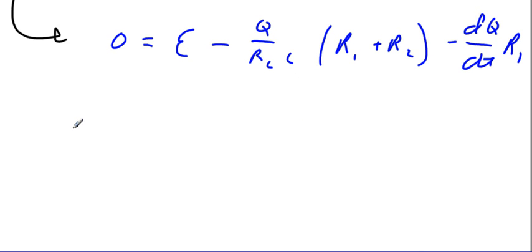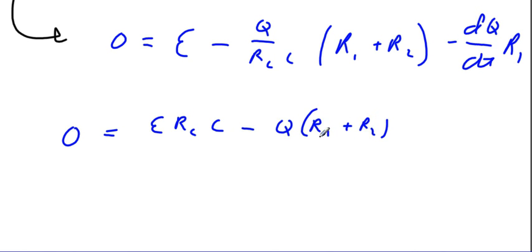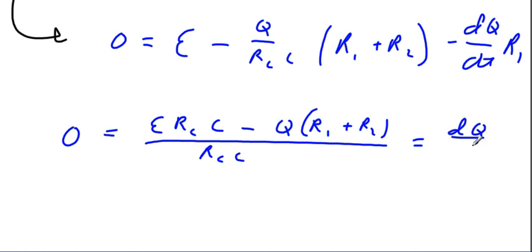So I need a common denominator. So I'm going to have E over R2C minus Q times (R1 plus R2), divided by R2C, is equal to dQ/dt times R1.